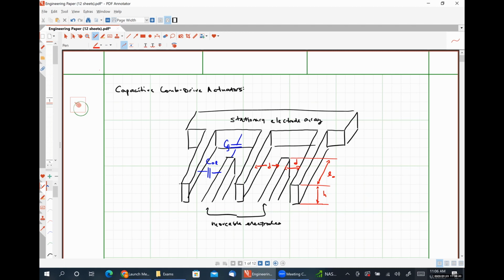Technically, there's two options here, but for the way that I've drawn it, we're going to see a displacement in this X direction. So effectively, the movable electrodes are going to be pulled further into the gap between them there.